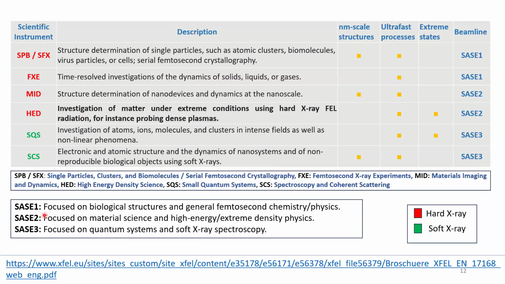Basically, the first one is focused on biological structures and femtosecond chemistry and physics, and the second is more focused on high energy and extreme density physics, which is for warm dense matter. And the third one is for soft X-ray spectroscopy. You can see that these are using hard X-rays and these two are using soft X-rays.